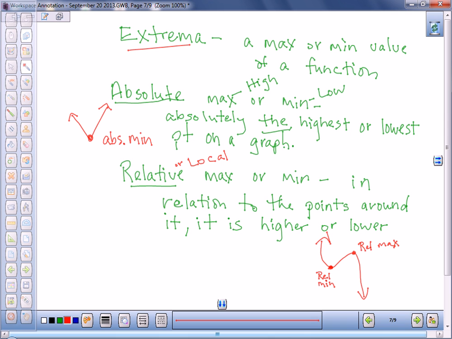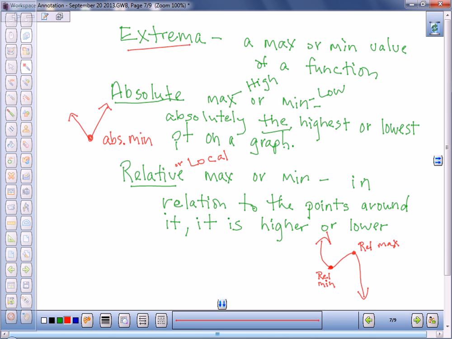We really have 2 different types of extrema. One's called absolute and one's called relative. And absolute would look like this one. Do you see that this is the absolute lowest point on the graph? There is not a single other point that is lower than that one. Well, that's considered an absolute minimum. Versus this one down here.